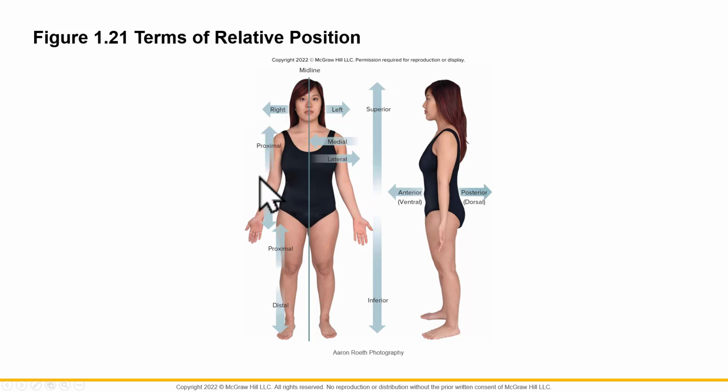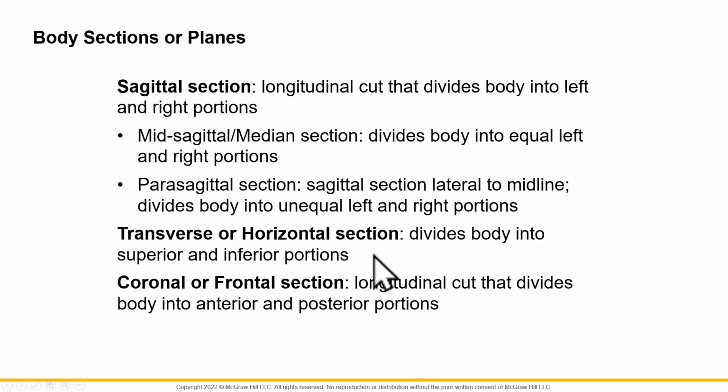This is proximal because it's towards that point of attachment, which is the shoulder. And this is distal because it's away. All right. Anterior ventral, the front, posterior dorsal, the back, and this would be superior and inferior. So I've got a worksheet for you guys that kind of takes you through this, and you kind of get used to using these type of words.